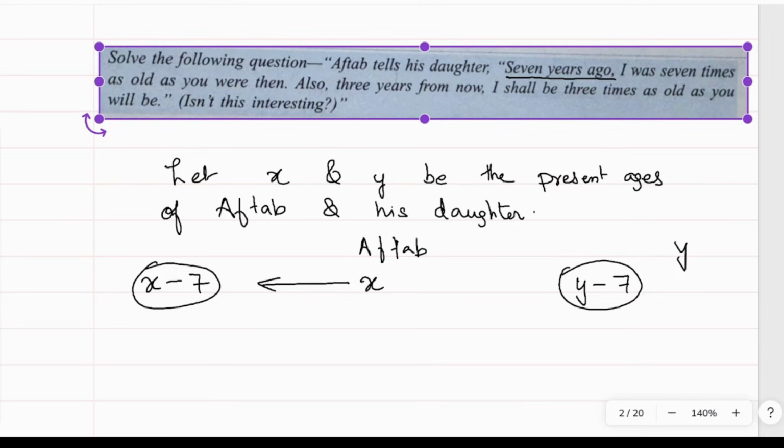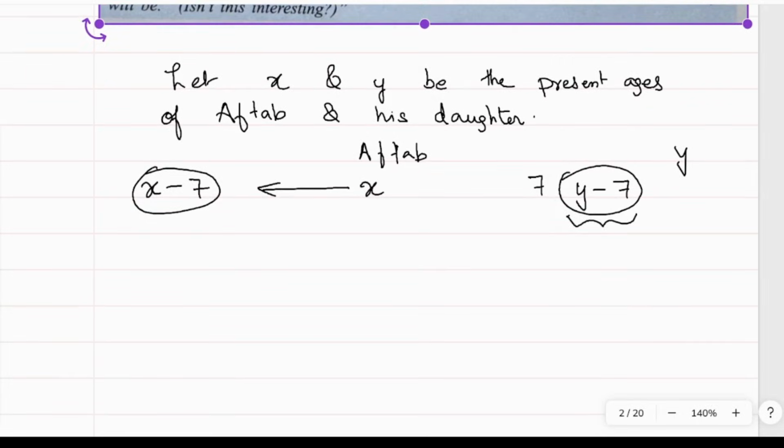So 7 years ago, what he's telling: I was 7 times as old as you were then. At that time, she was of this age. 7 times means 7 into y minus 7. That is what they're telling. So first we have to write it here.